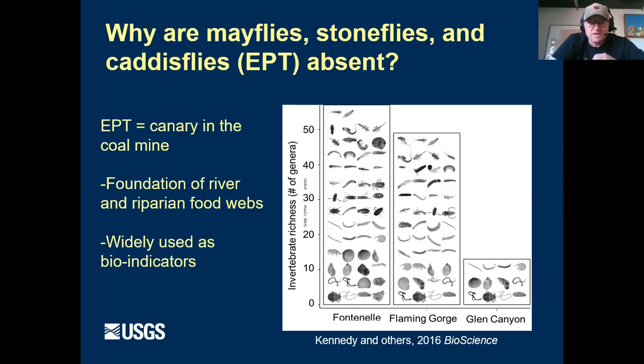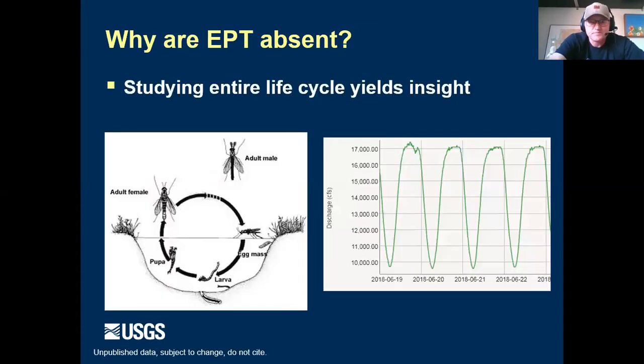And so, yeah, since we wrapped up those food web studies, we've been really trying to understand why these bioindicator species, mayflies, stoneflies, and caddisflies, are absent. And people have been asking this question downstream of Glen Canyon Dam for a number of years.